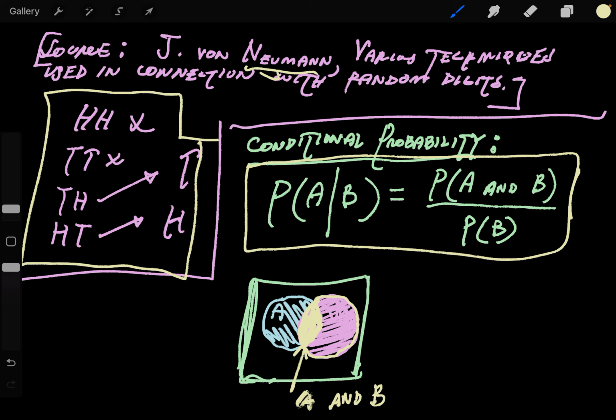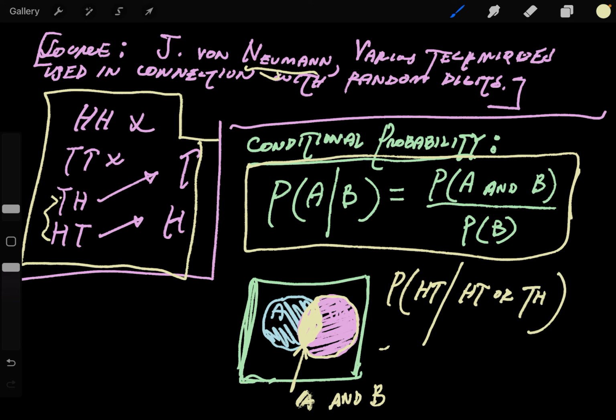is true, because what we're saying here is: what is the probability of a heads tails given that we know either a tails heads has occurred or a heads tails has occurred. If we follow from our conditional probability rules, this is the probability where A is the heads tails, and B is the heads tails or the tails heads.